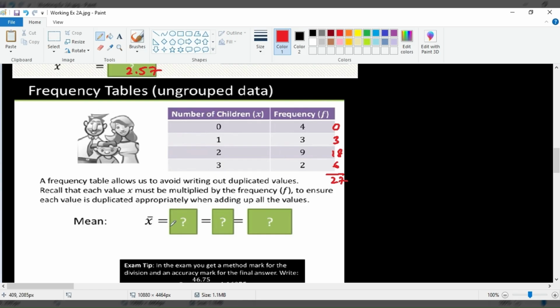So what we write here is sum of fx divided by sum of f. So this is going to give us 27 divided by 18. So final answer is going to be 1.5. As 4 plus 3 plus 9 plus 2 is going to give us 18. Moving on to the next slide.